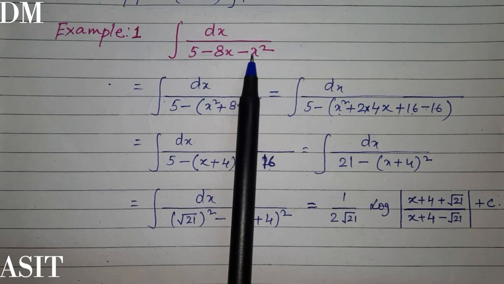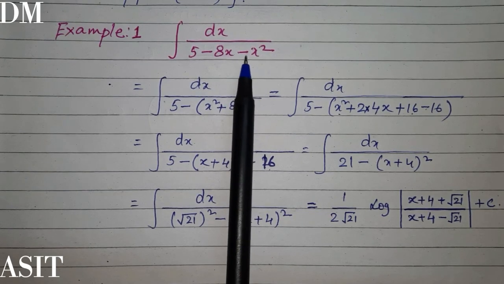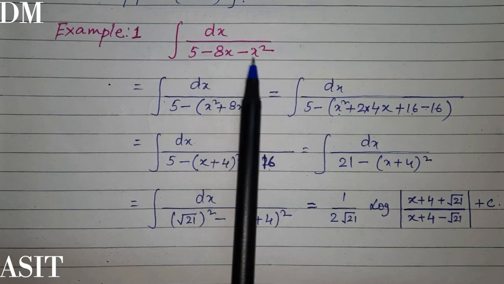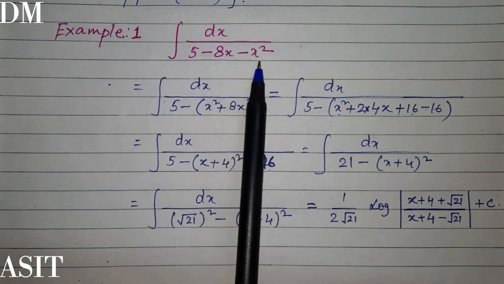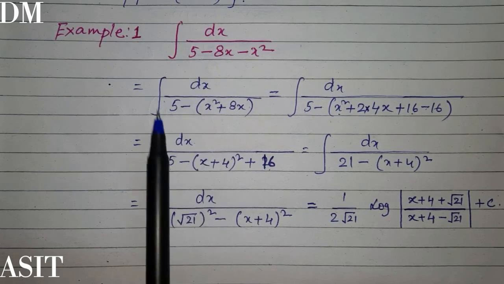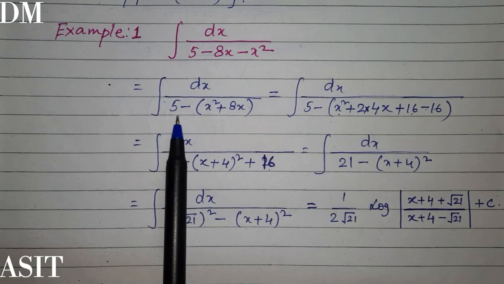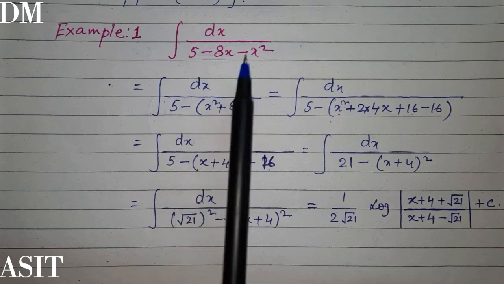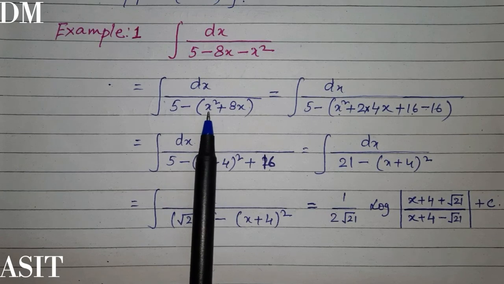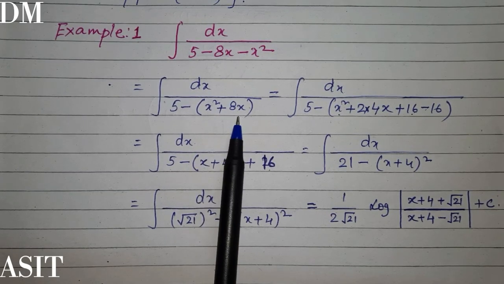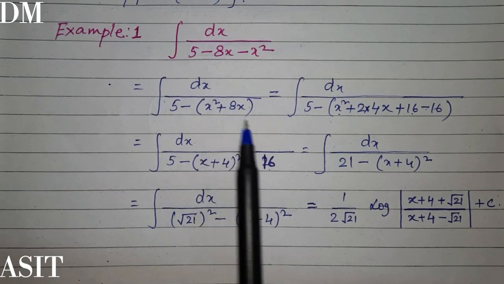If it is minus 1, take minus common from these two terms, the term of x and the term of x square. So as we can see here, 5 minus, so minus common, x square plus 8x. Done.